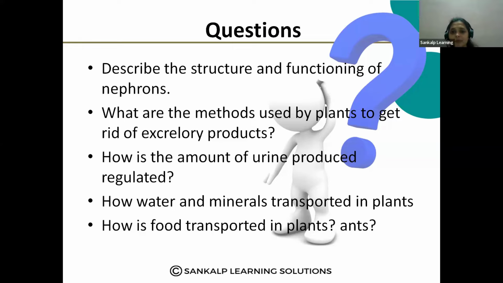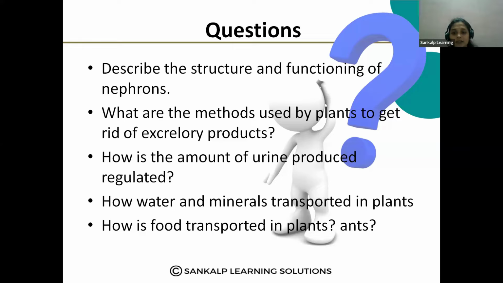In the next part, respiration and its types. What are the types of respiration? Aerobic and anaerobic respiration and their representation, which we studied. After that, how respiration takes place in human beings, the respiratory system. Then we moved to transportation, mainly blood and the heart.